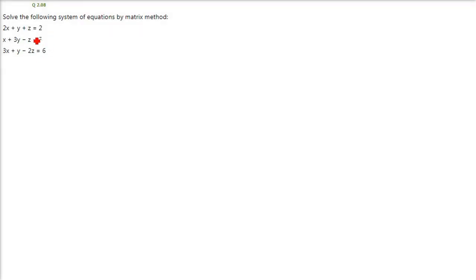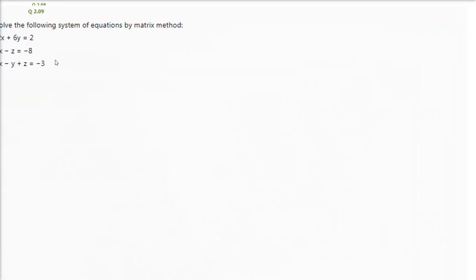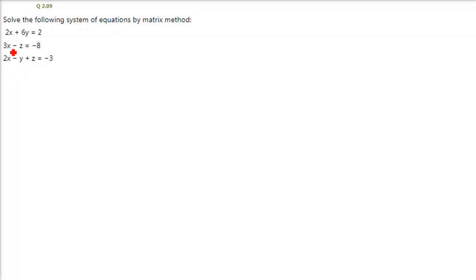Same thing here, same way you have to follow. So the more questions you do, the more proficient you will be. Now here you don't have y, so it will be 0y. The first one you don't have z, so you can write 0z.